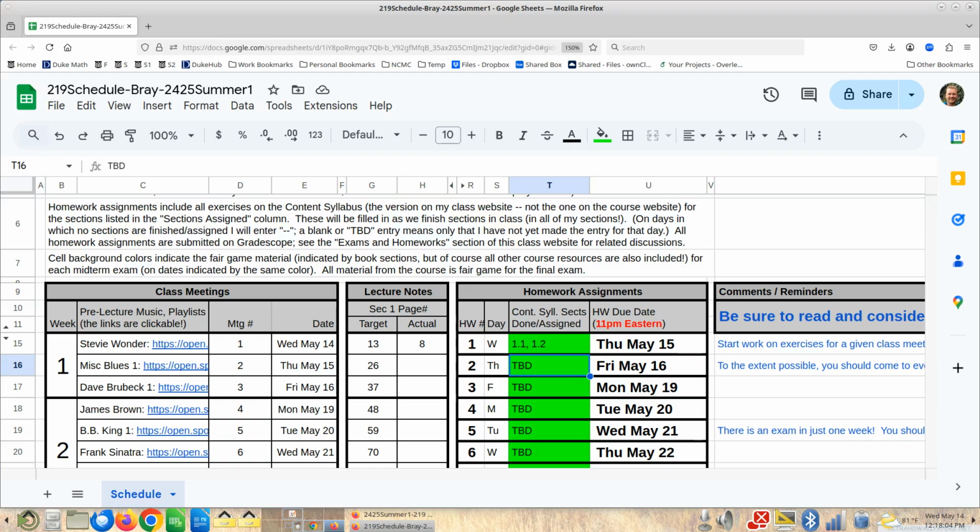Is when, so tomorrow. And I talked through in the organizational video sort of the process, how y'all are supposed to schedule your time on getting that assignment done. And reminder, it's not all of the exercises in these sections. It's just the exercises that are indicated on the content syllabus. Does that all make sense to everybody?